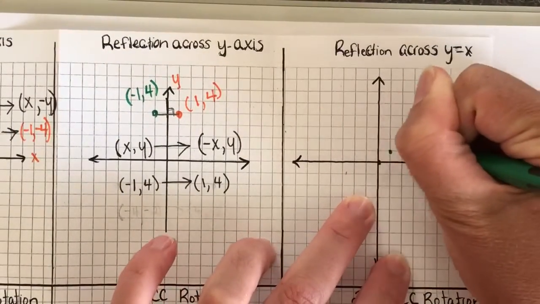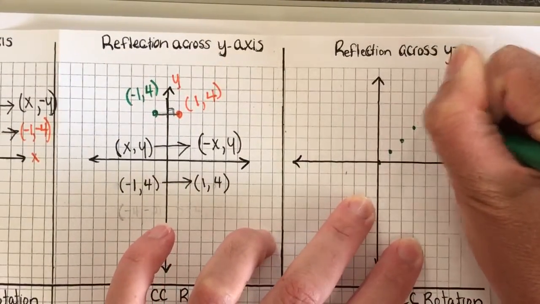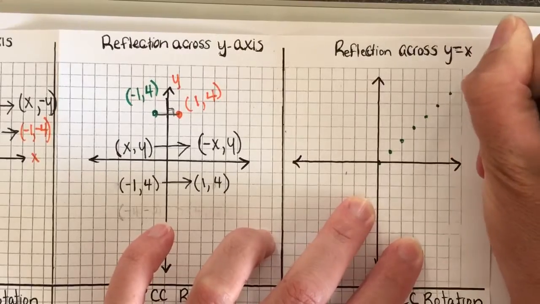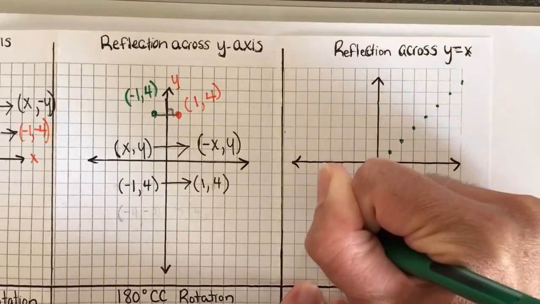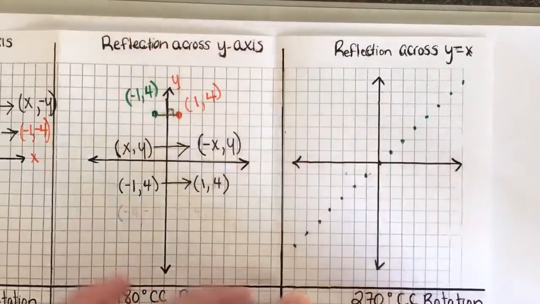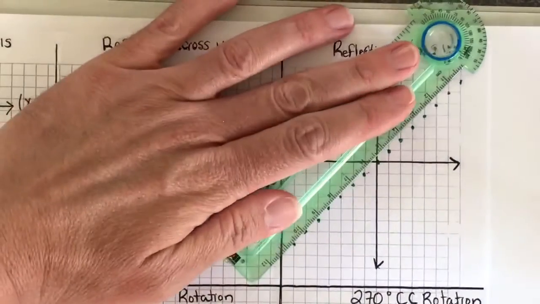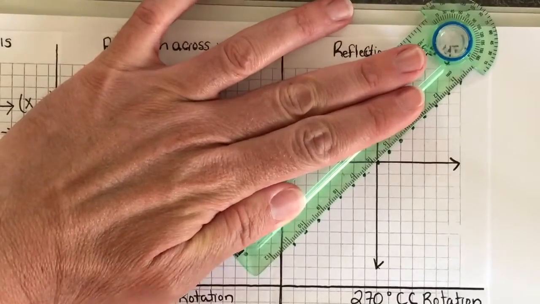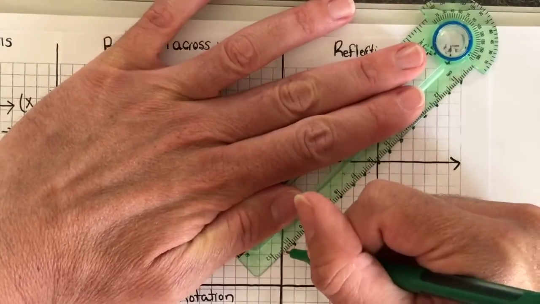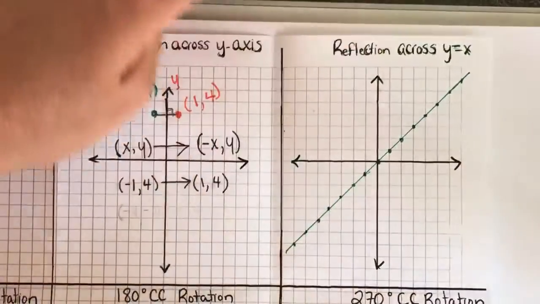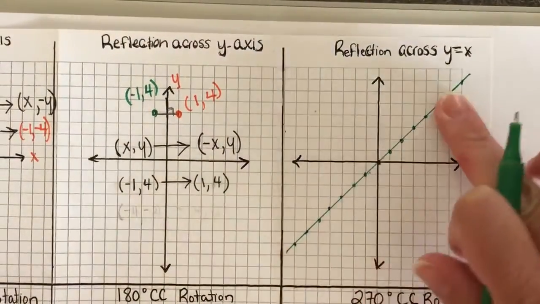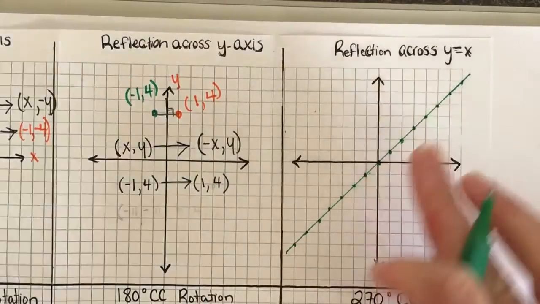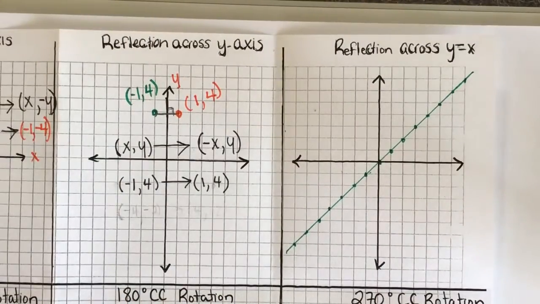So I'm going to graph that line. And so this is going to be the bisector, the perpendicular bisector. It is going to cut in half the segment that's made between those 2 points.